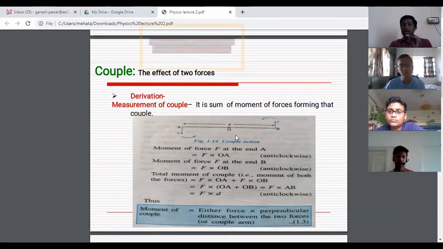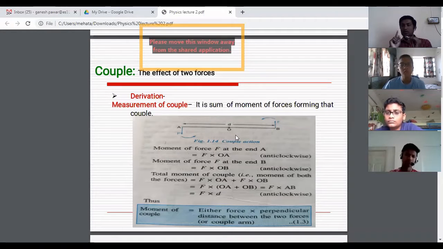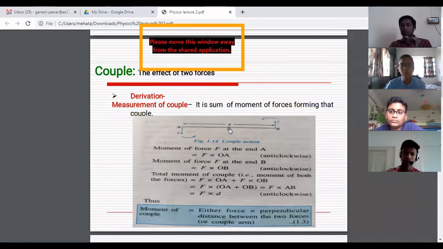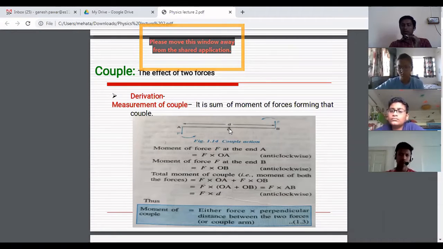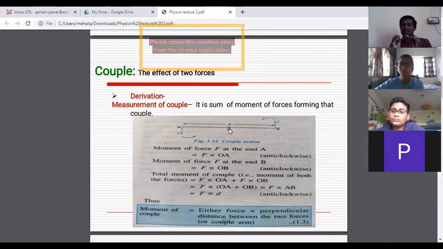Clear? Now I am going to calculate the value of couple over here. Let my point O is my pivot, or I will say that it is my axis of rotation. So remember that when you calculate the moment of force or moment of couple, the position of the axis of rotation is your reference.